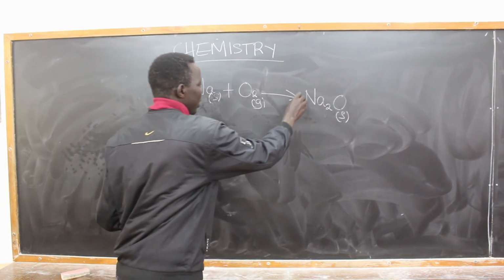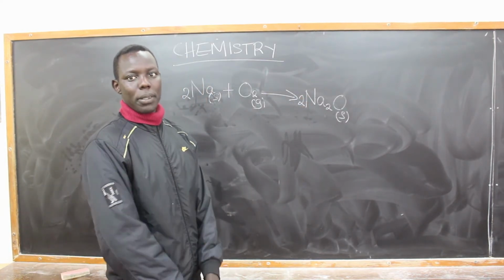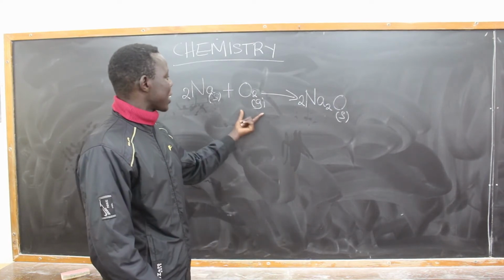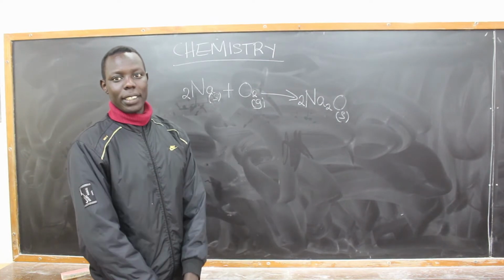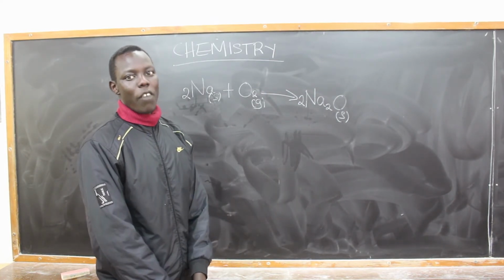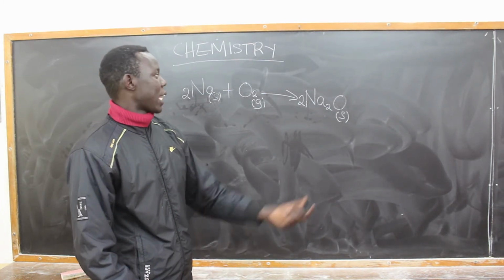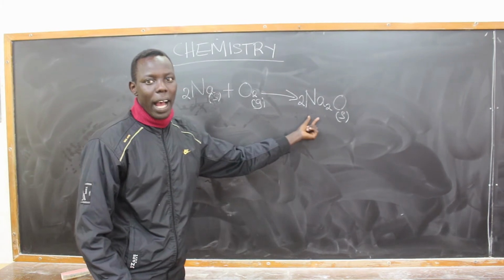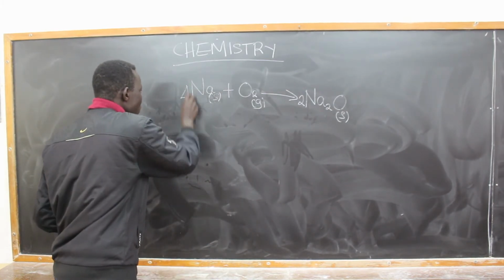If I put 2 here, guess what? It changes the number of sodium atoms. Now oxygen is balanced. It is 2 on the reactant side, 2 on the product side. But by putting 2 here, it affects our number of sodium atoms. Now it's 4 here. So I go back and write 4.